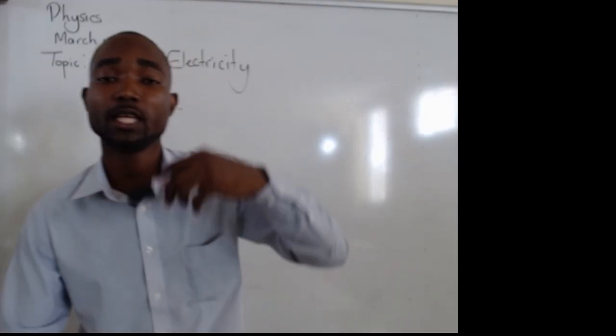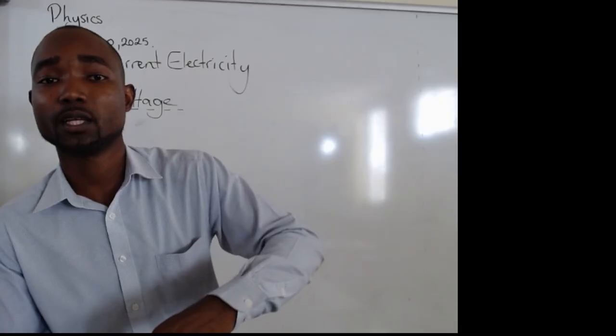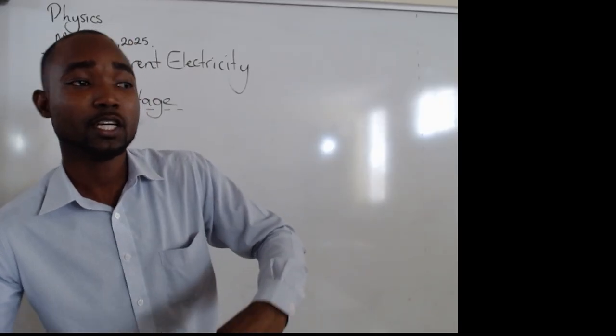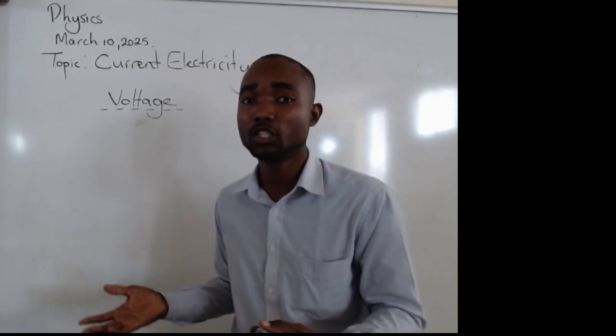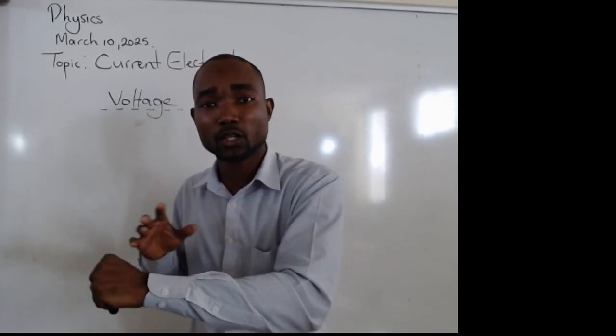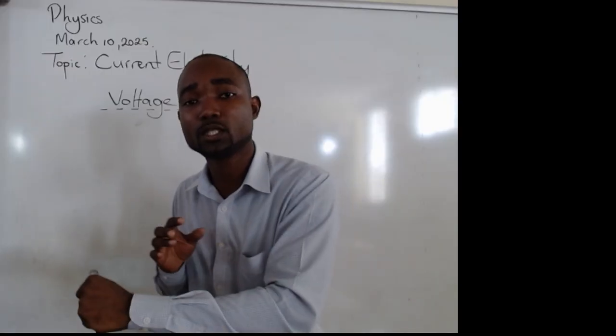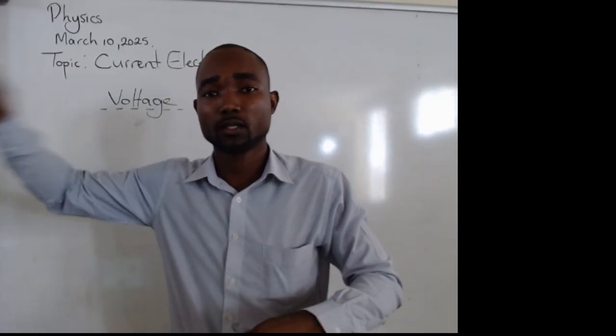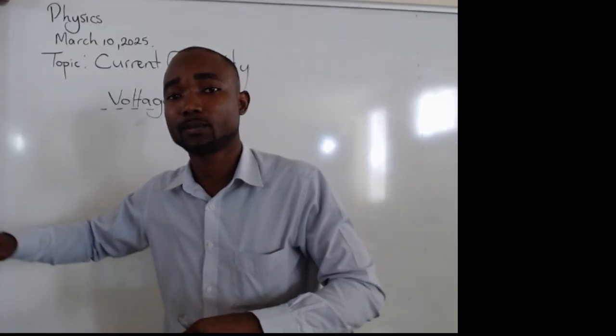To push the electrons around the circuit. So the greater the voltage, the greater its ability to push electrons. These are the charges we are focusing on. The electrons around the circuit and thus produce current.